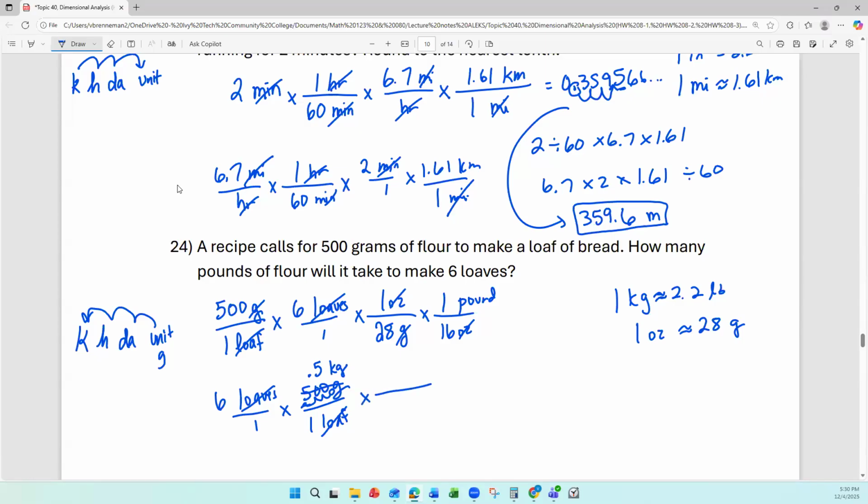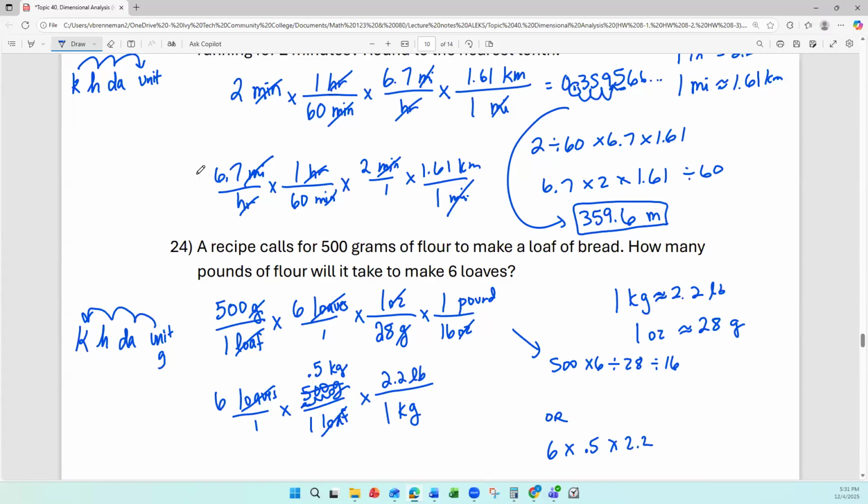And then I can use the 1 kilogram to 2.2 pounds.